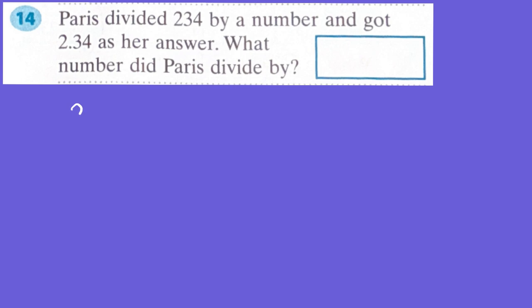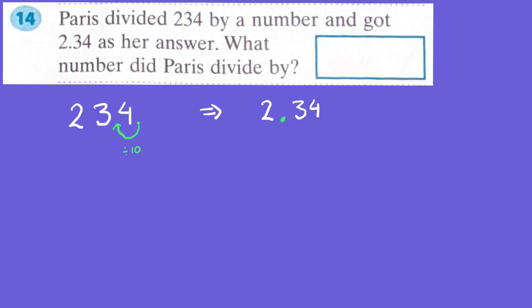So from 234 she ended up with 2.34. What's the difference? The difference here is the decimal point. So if we want to move a decimal which was right at the very end and we moved it up by 1 digit, what did you do? You divided it by 10.